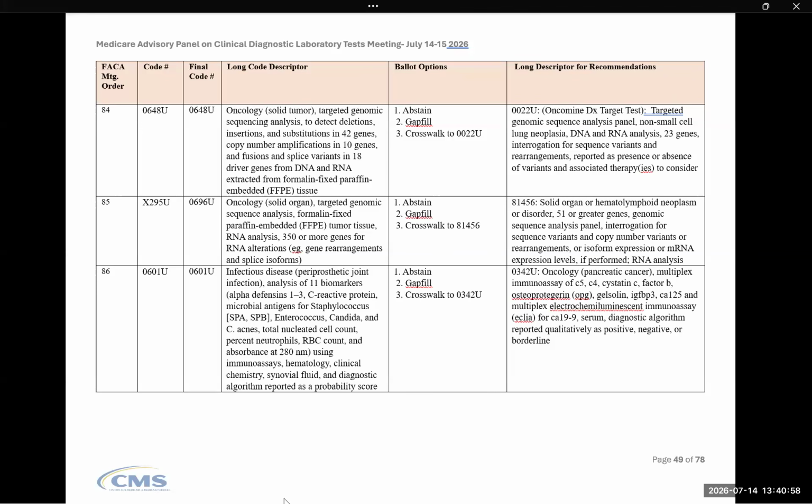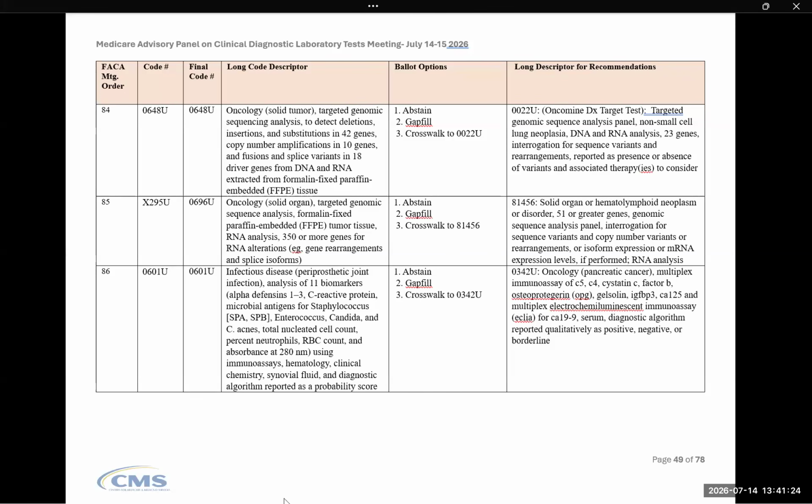But when we evaluated that code, although the biomarkers detected by immunoassays are somewhat similar, the reporting is quite different and the other components of the analysis are not there. So we felt that a gap fill, because of the complexity of the analyses done in this prosthetic joint infection assay, was indicated. So our recommendation is gap fill.